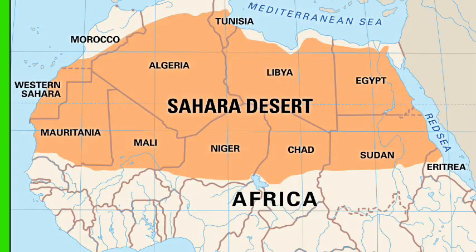These are Algeria, Chad, Egypt, Libya, Mali, Mauritania, Morocco, Niger, Sudan, Tunisia, Western Sahara. So these are the countries you can see on this map.